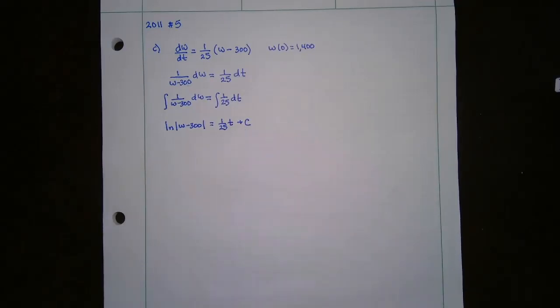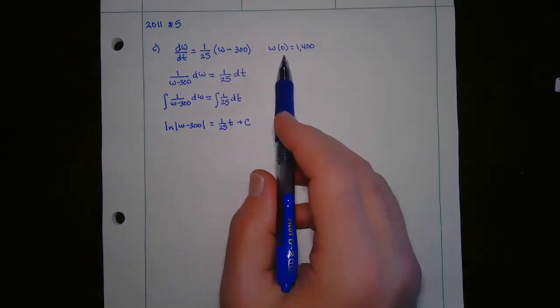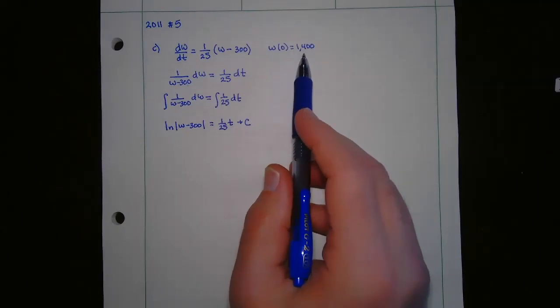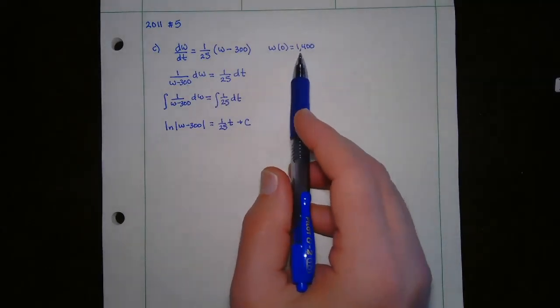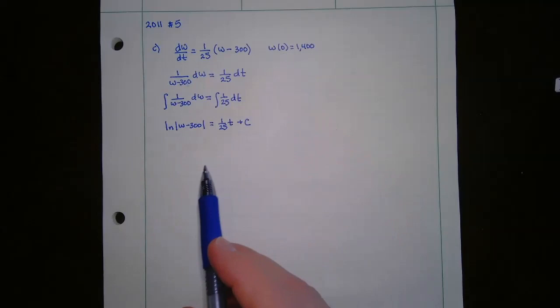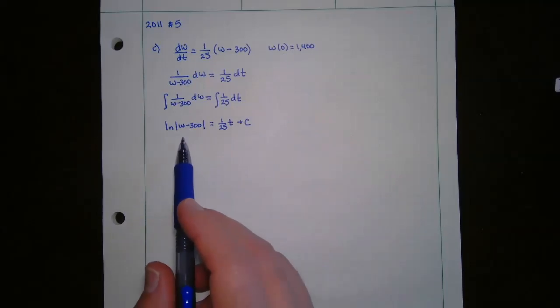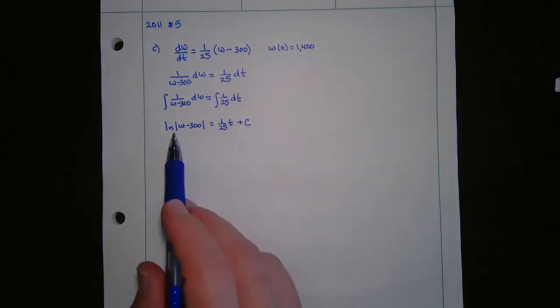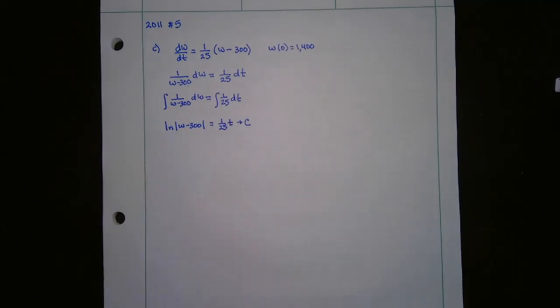All right, so at this point, you have a couple of options. You can either put in your initial conditions that t is 0 and W is 1400, or you could start to solve for W. When you get the natural log, I like to solve for W first. That's just the way I like to do it.